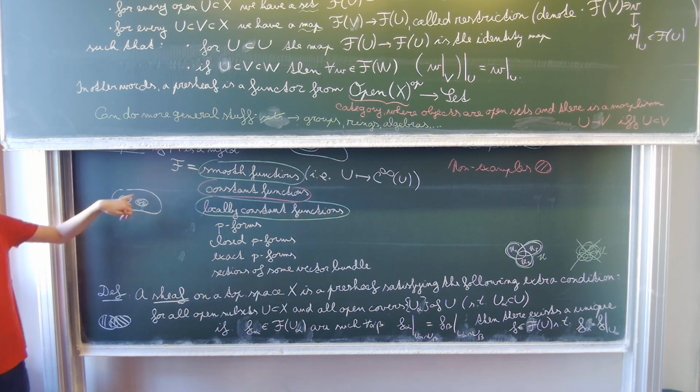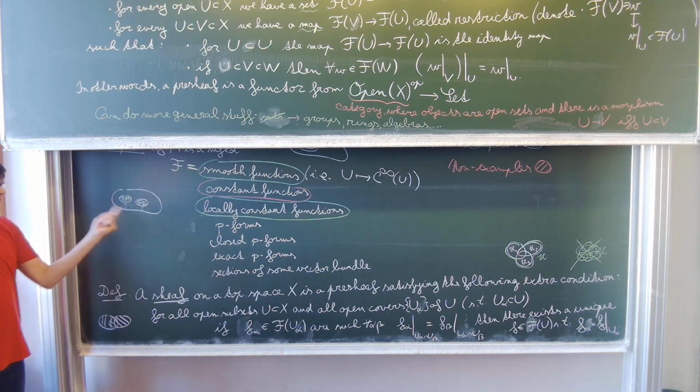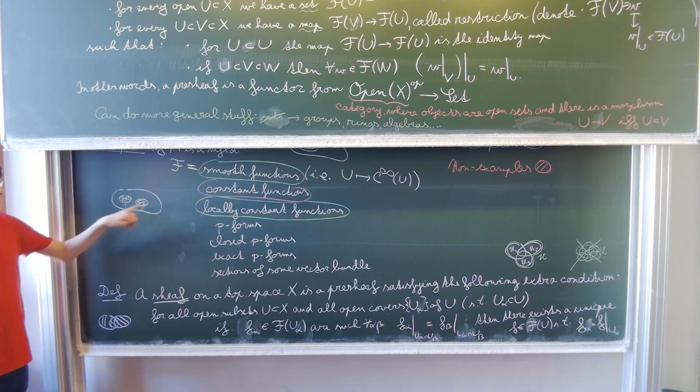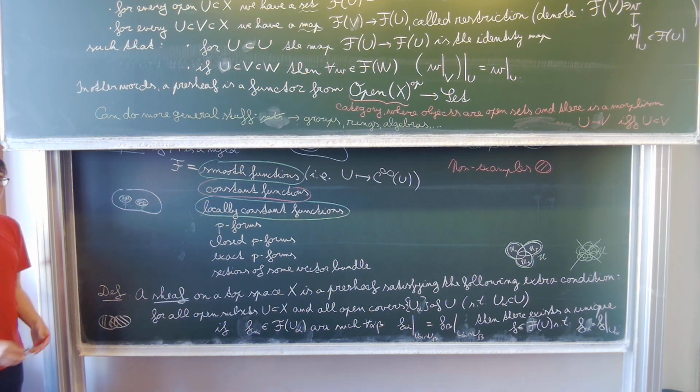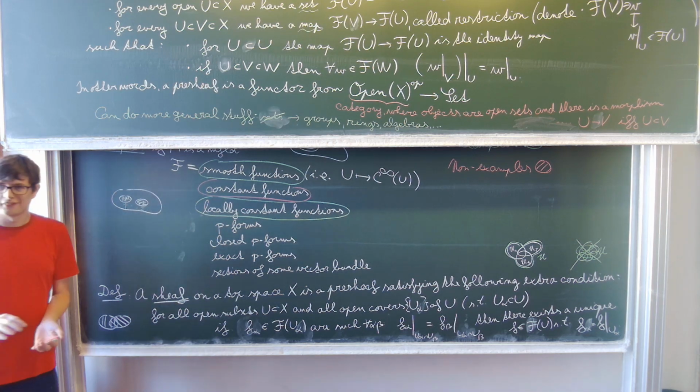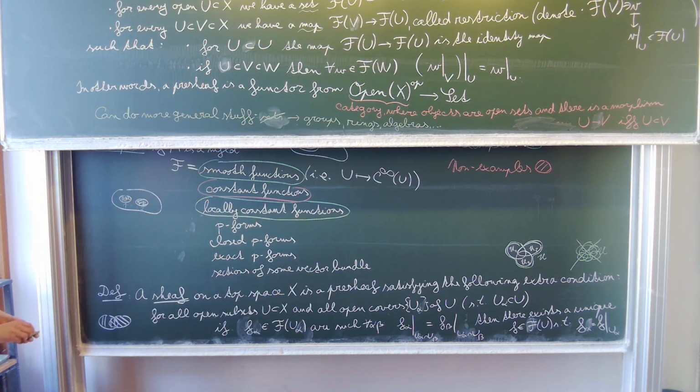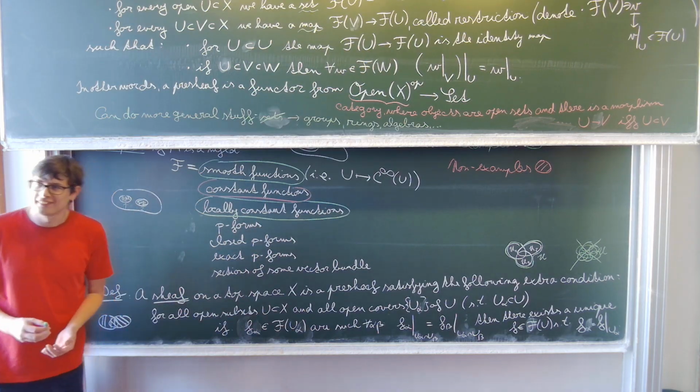Does there exist a locally constant section over the union which restricts to these two? Yes. Because a function which has value 1 here and value 2 here is a locally constant function. Okay, is that clear? Okay. Now what about p-forms?